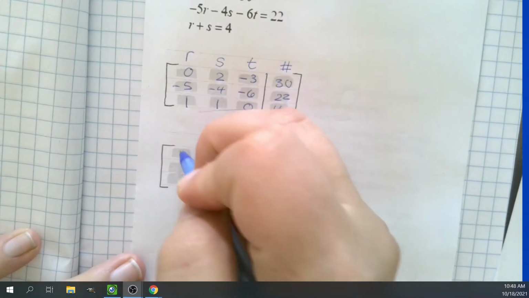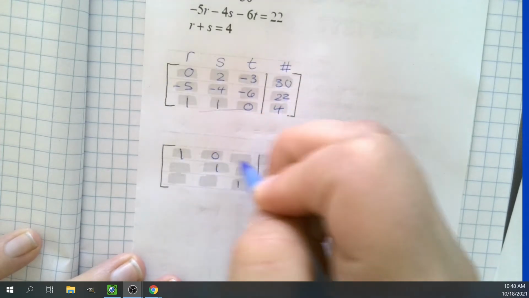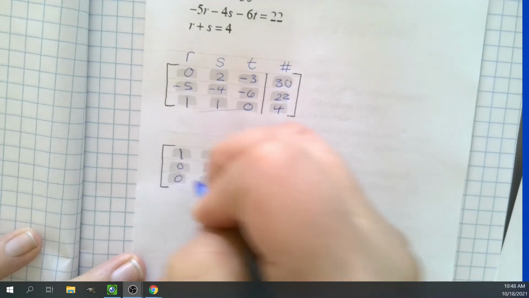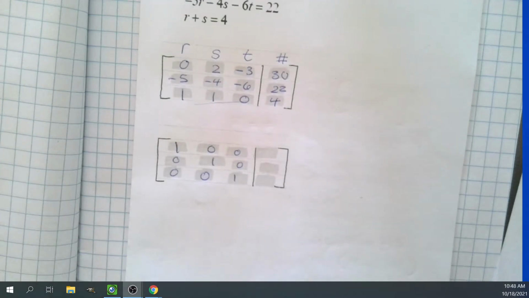Okay, this one did a reduced row echelon form. I want you to click control, and then you tell me what you get.